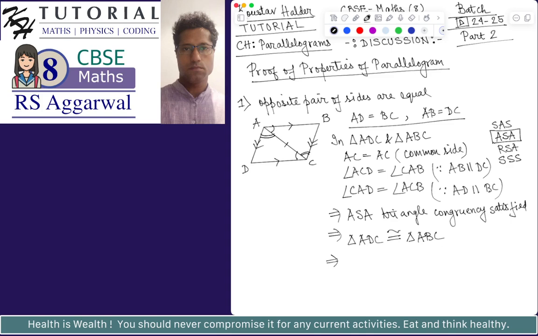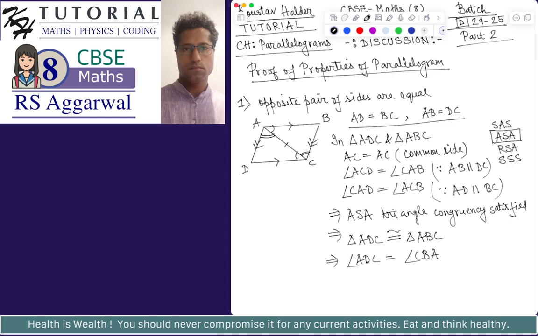So the remaining angle in both triangles should be equal, that is angle ADC should be equal to angle CBA. And from the congruency of the two triangles, we have to properly establish the correspondence between the sides.